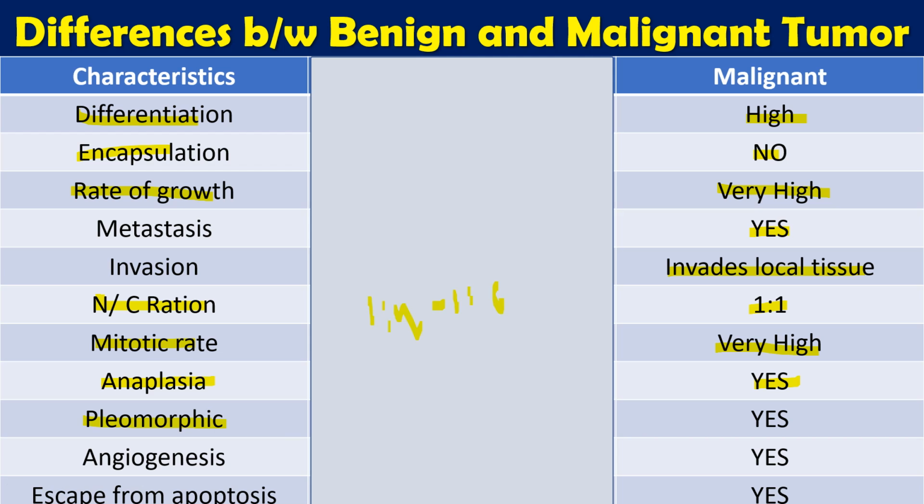It will not be in a regular fashion. Different cells will have different sizes and different surface areas. Plus angiogenesis: for cancer growth we require new blood vessel formation, that is called angiogenesis. That also happens in malignant cells, along with escape from apoptosis.